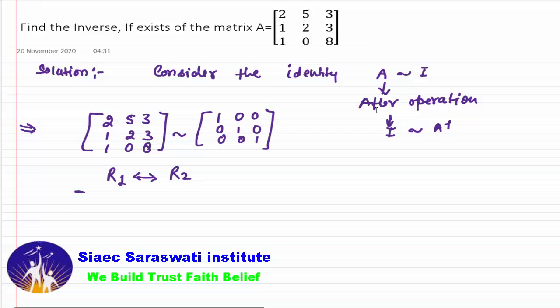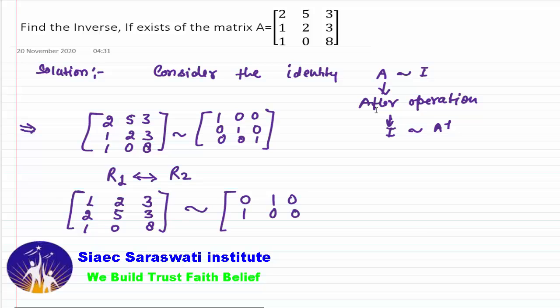So when you apply this operation, the value will be 1 2 3, 2 5 3, 1 0 8, and equivalent to this it will be 0 1 0, 1 0 0 and 0 0 1.